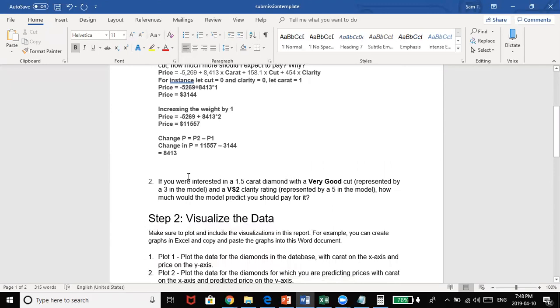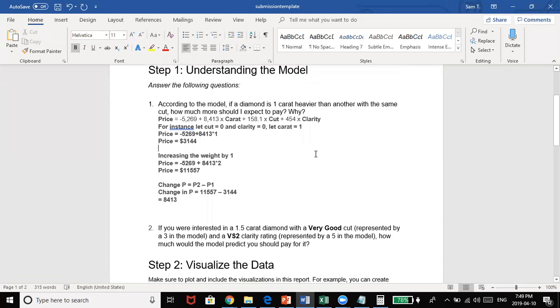Now, the second part of this question is saying, if you are interested in a 1.5 carat diamond with a very good cut, represented by a 3 in the model, and a VS2 clarity rating represented by a 5 in the model, how much would the model predict you should pay for it? Basically, this is just a simple step of putting these values into the equation.